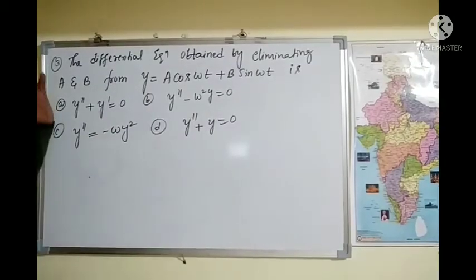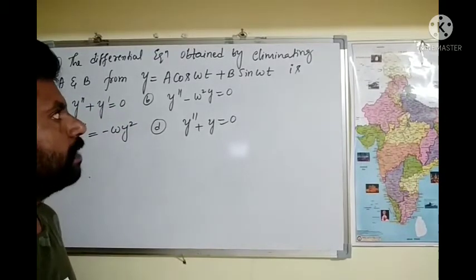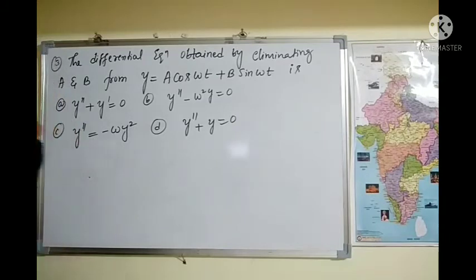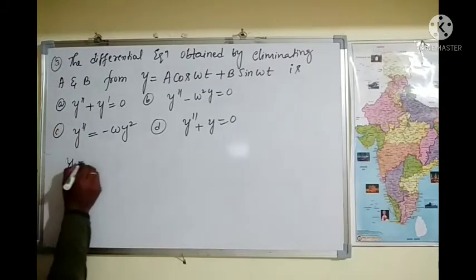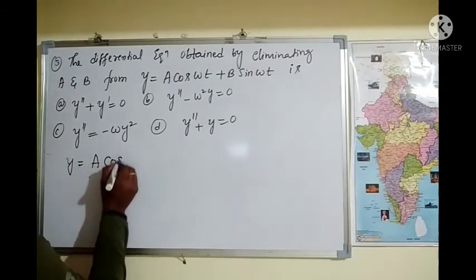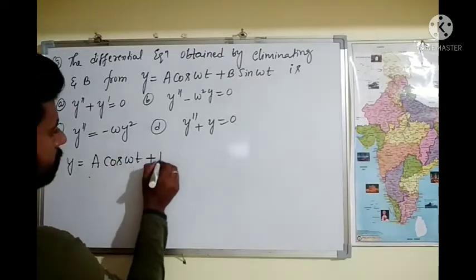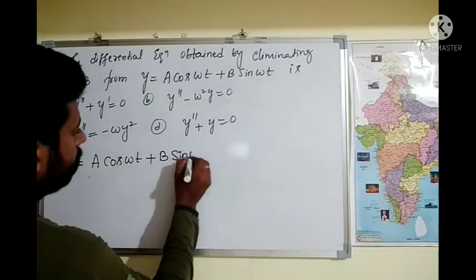So next example: the differential equation obtained by eliminating a and b from y is equal to a cos omega t plus b sin omega t is. Here we have the equation y is equal to a cos omega t plus b sin omega t.